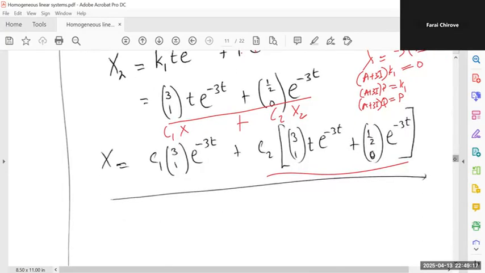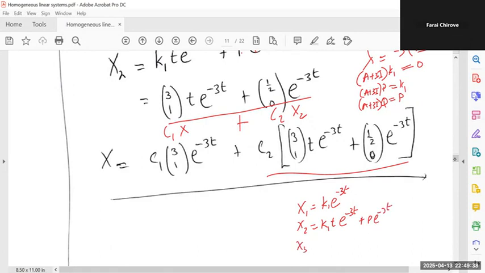And then you have solutions like x1 equals k1 e to the power minus 3t, and then x2 will be the same k1 times t e to the power minus 3t plus p e to the power minus 3t.